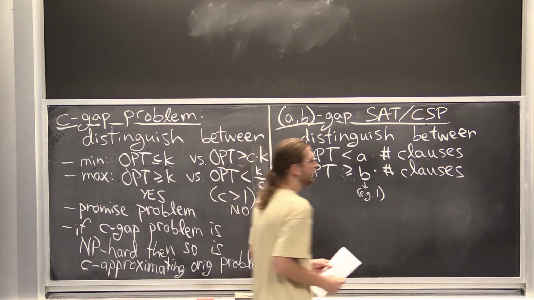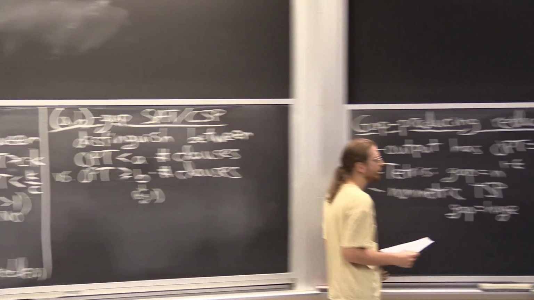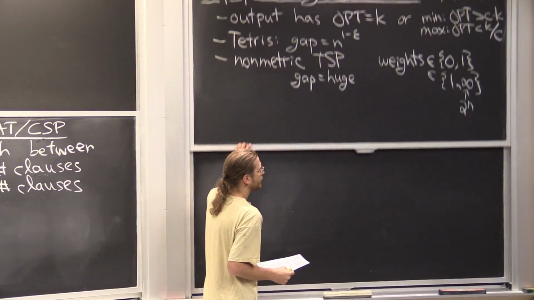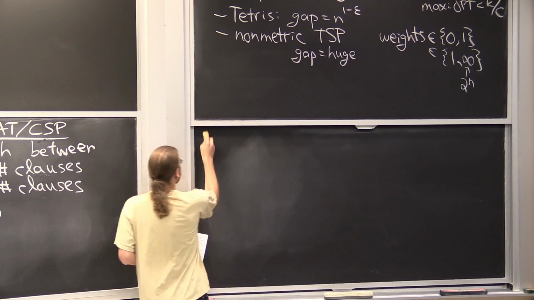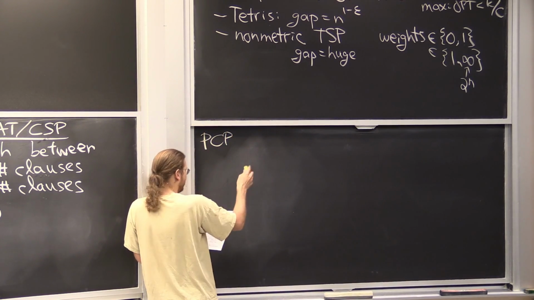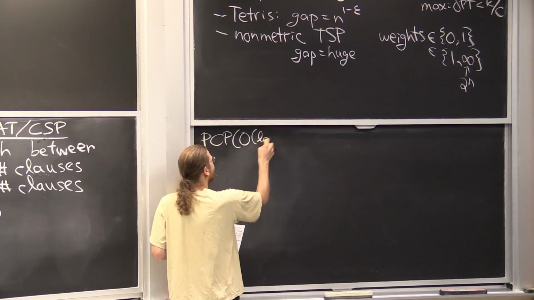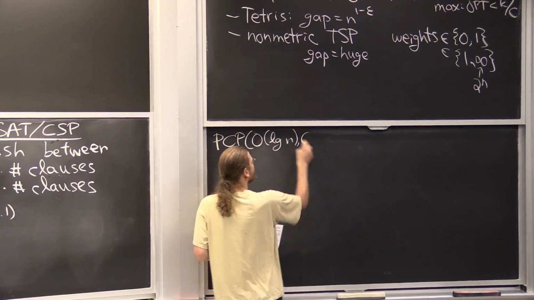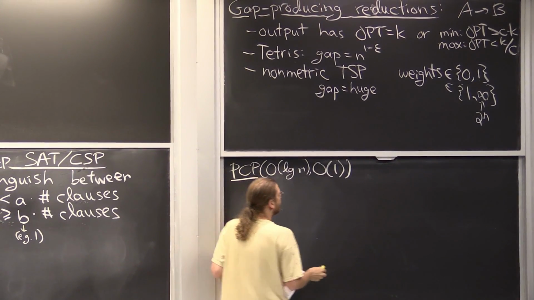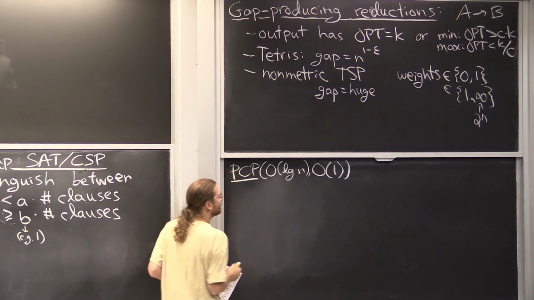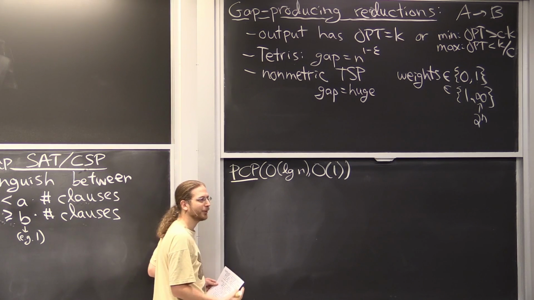Now, an important part of the story here is the PCP theorem. So this is not about drugs. This is about another complexity class. The complexity class is normally written PCP of order log n, comma, order 1.